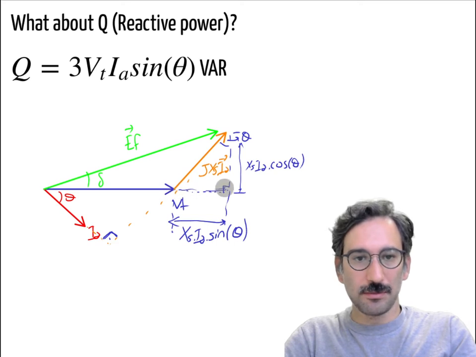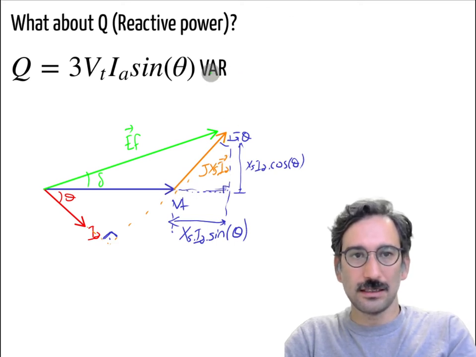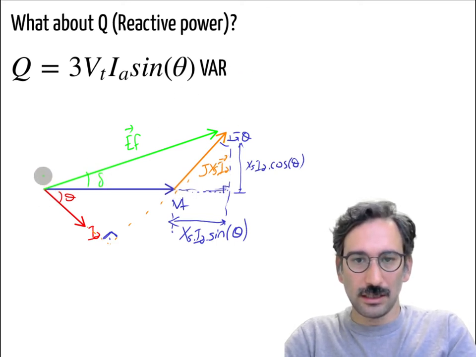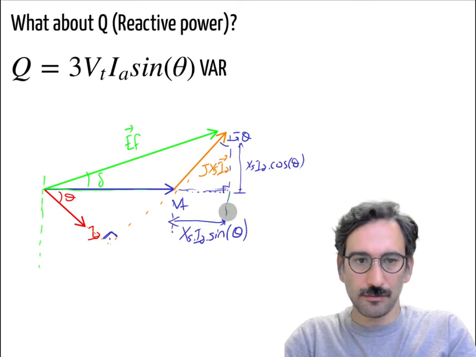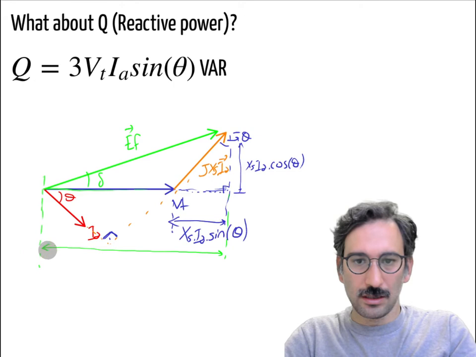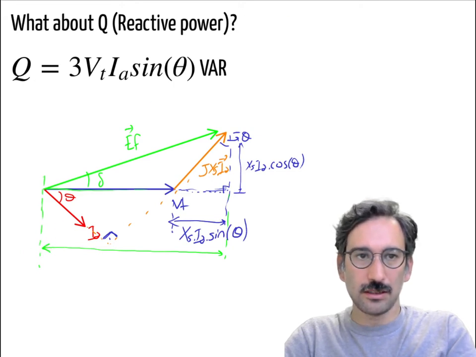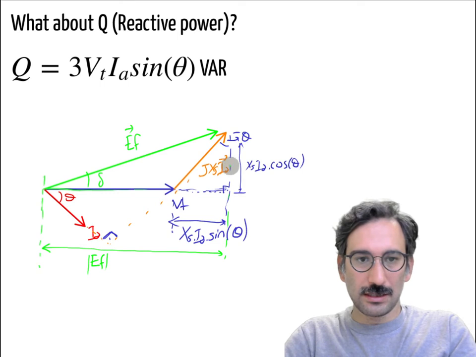So how can I represent that distance in an alternative way? I can try to calculate that distance. Let me draw it over here. That distance is equal to Ef, magnitude-wise, okay, this is not a vector, this is just geometric, times sine delta, and all that distance is like cosine delta.